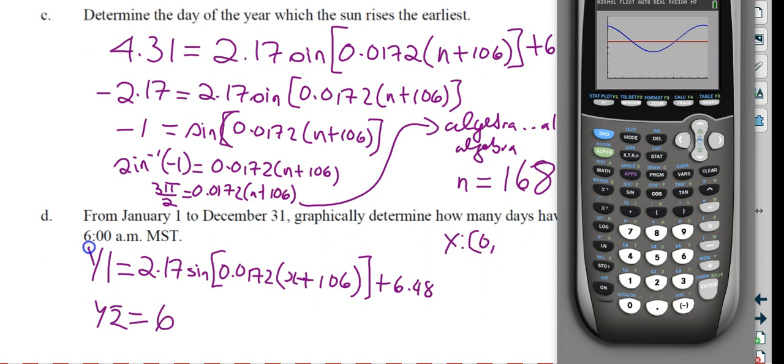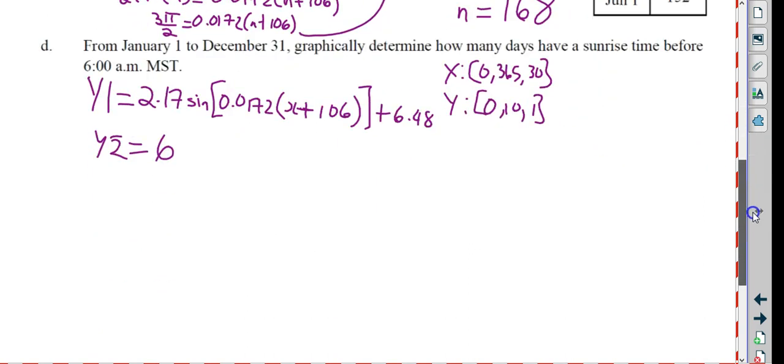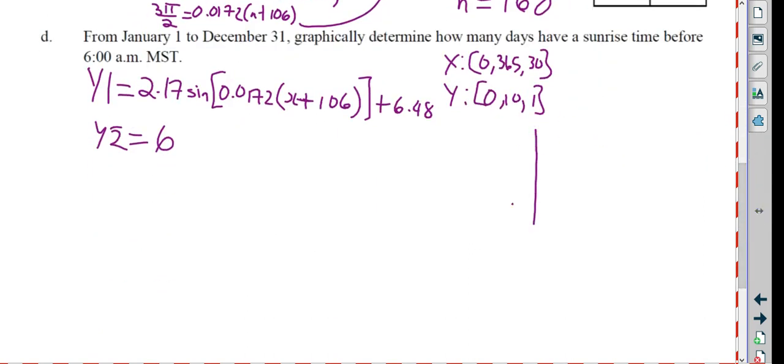Our x window is 0 to 365 by 30. Our y window is 0 to 10 by 1. Okay, there's a little sketch.